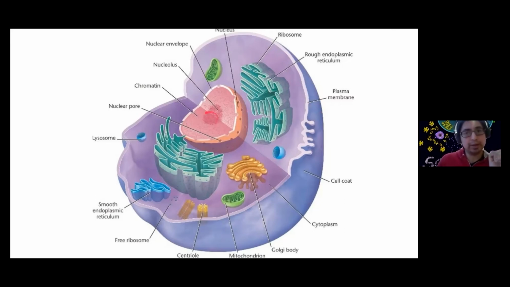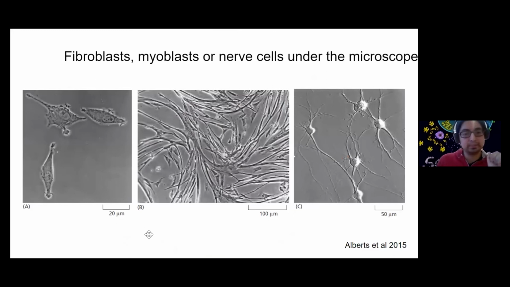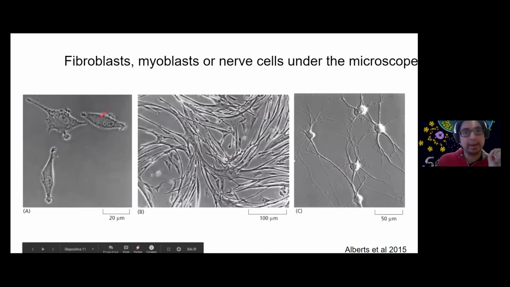We're going to start talking about inside the cell, which is the DNA and chromatin, as these modifications that in synthetic biology are made will be targeted at the DNA level to change the rest of the behavior of the cell. So fibroblasts, myoblasts, or nerve cells under the microscope are looking like this.